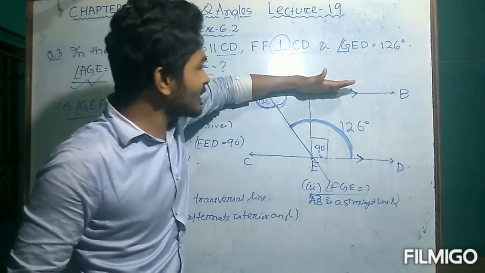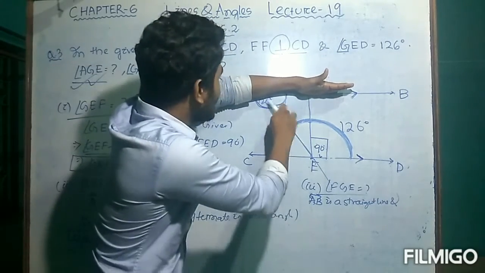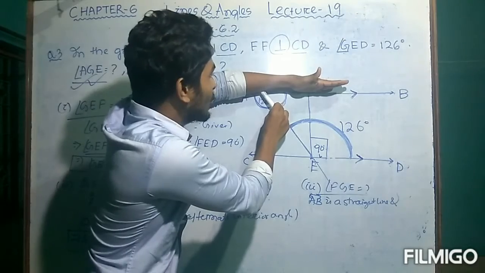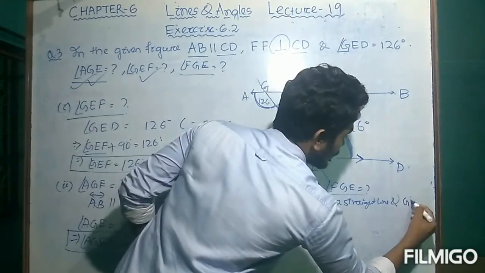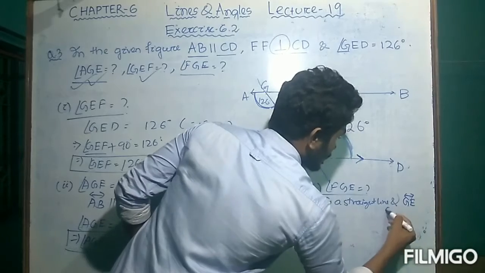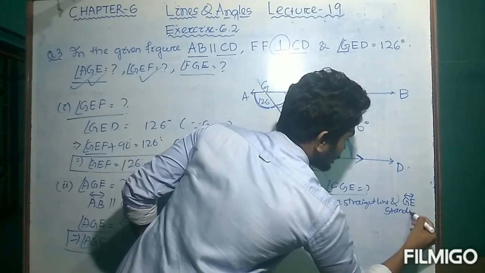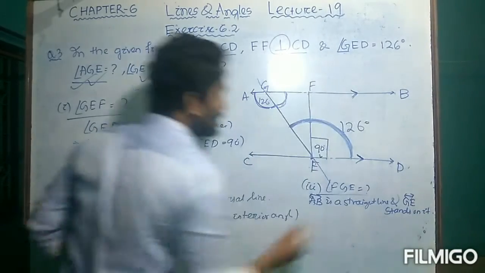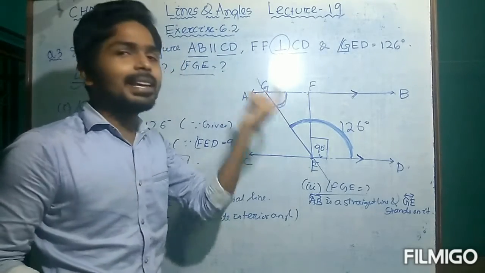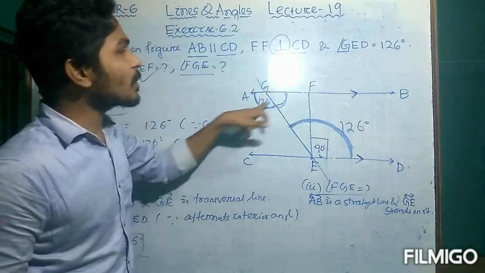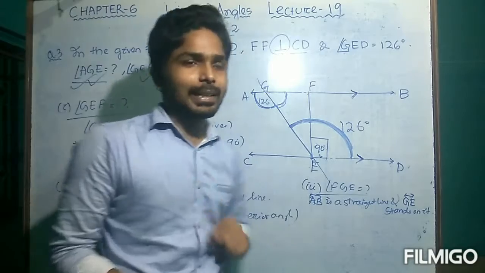Then the two adjacent angles formed are known as linear pair angles, and the sum of two linear pair angles is equal to 180 degrees.